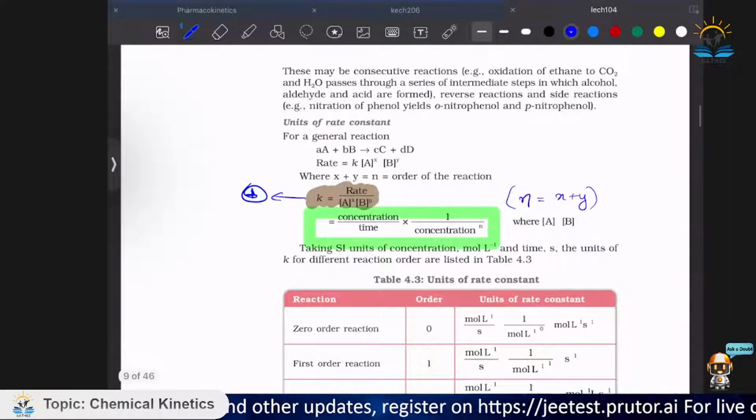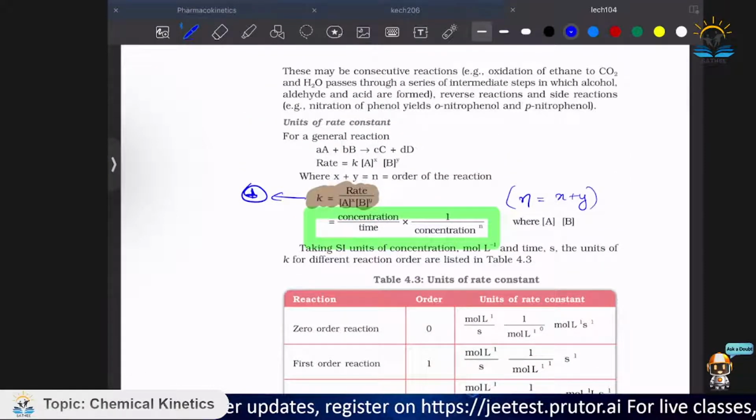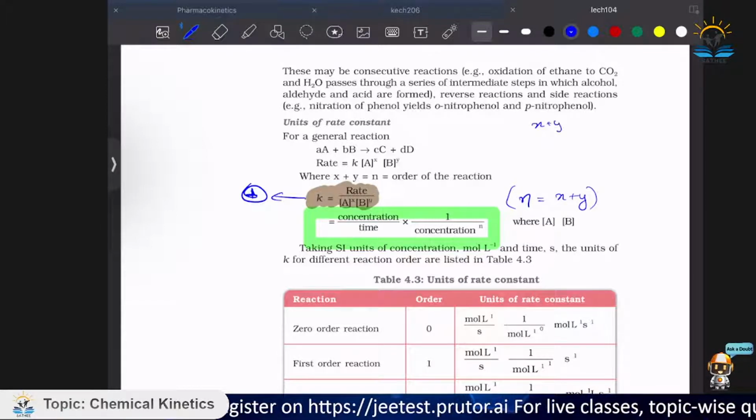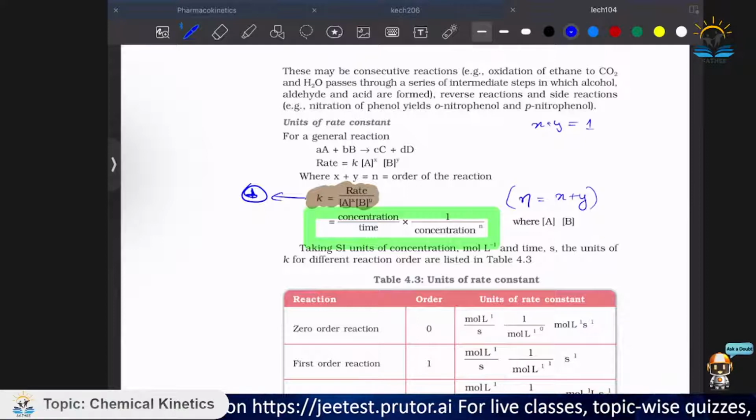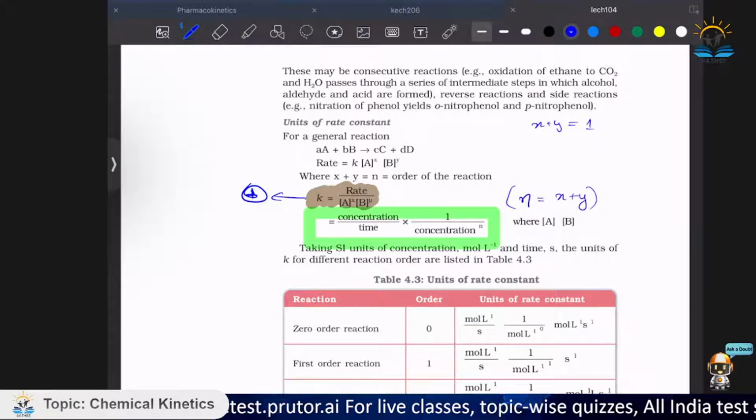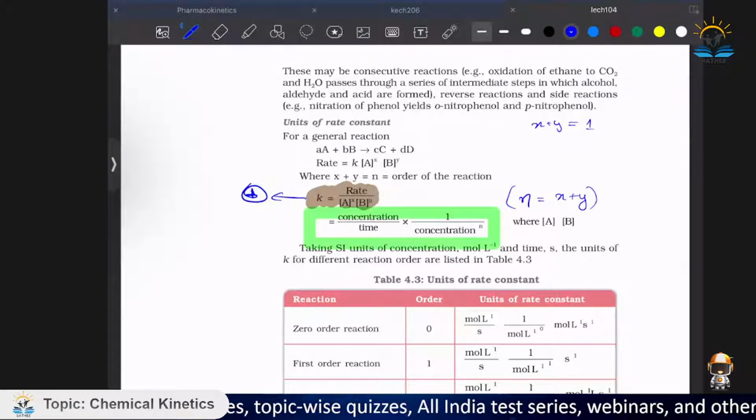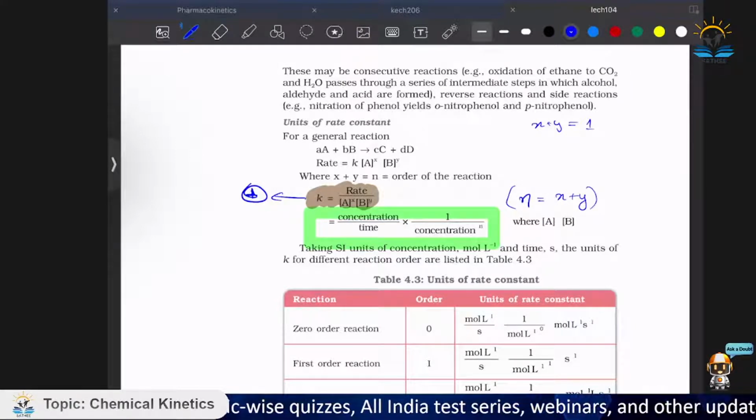See, the unit of rate constant is variable for different orders of reactions. If x plus y is equal to 1, then the unit of this rate constant will be basically the unit of time inverse.